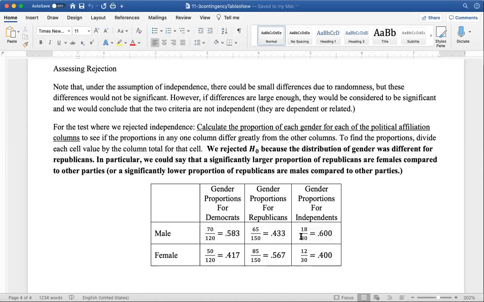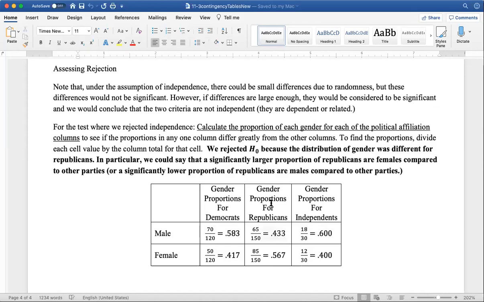It appears that, at least in this example, there is a disproportionately small proportion of male Republicans compared to the other political affiliations. The Republicans have a lower proportion of males, and that would be our discussion of the relationship that caused us to reject.